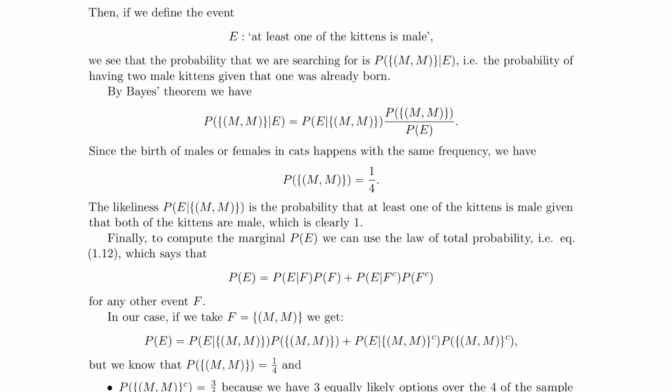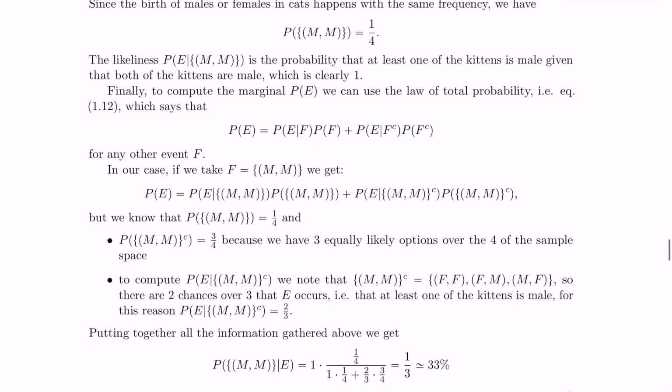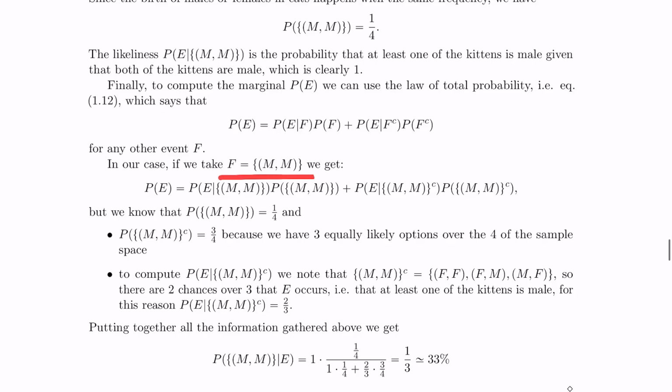The last probability that we must compute is the so-called marginal, that is P of E. In order to compute that, we can use the law of total probability. Recall that this law is represented by this formula here. In our case, it is convenient to take as the event F the couple of 2 males.